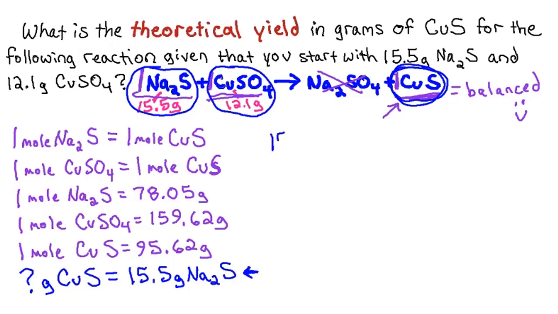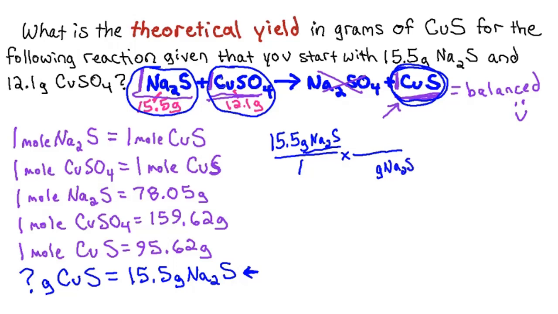So let's write that down. And we put that over 1, and then multiply and a fraction bar. And then whatever we put on the top of this fraction, the grams of Na2S, that's what we write on the bottom of this new fraction bar, grams of Na2S.